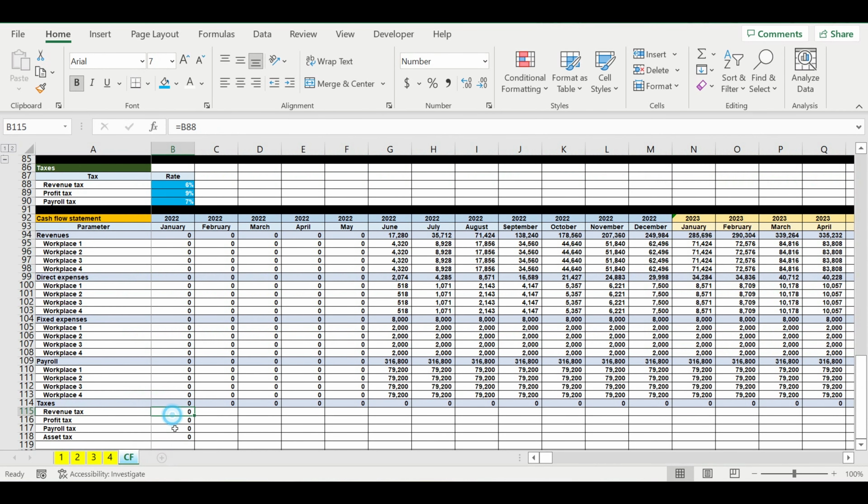Then for revenue tax, we will take revenues and multiply by the tax rate. We will freeze this cell. Profit tax we will do a little bit later, because we need more components for that. For payroll tax, we're taking payroll and multiplying by the tax rate, freezing this cell. Now we are extrapolating this formula to the right.